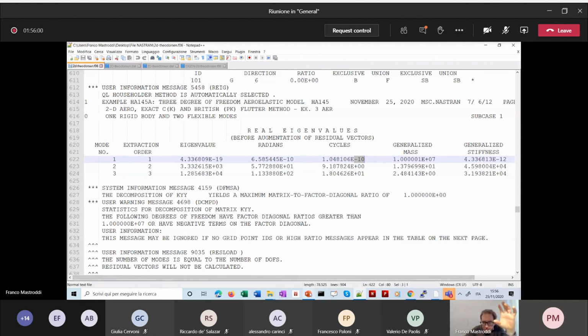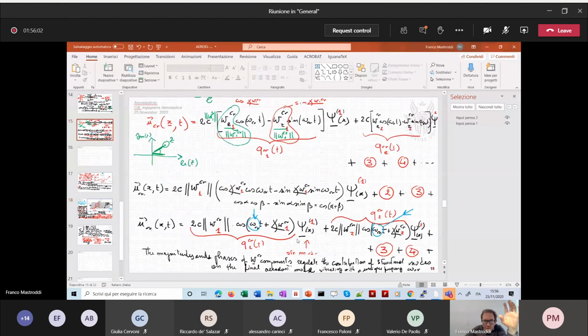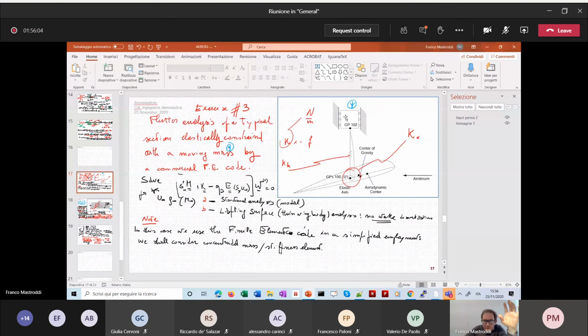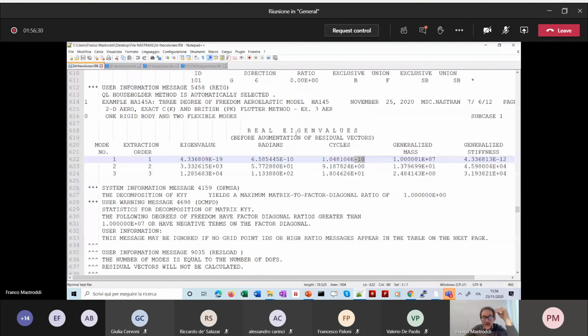My system is a free system. In fact, look here. You have this body with this constraint, which is a slide constraint, and you have this body connected elastically with this other body. So the overall system is free to move vertically, so you have a rigid body motion. For this reason, your first eigenvalue is 0 in the modal analysis.